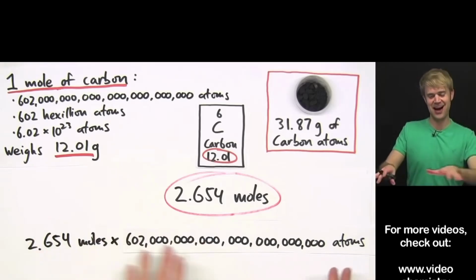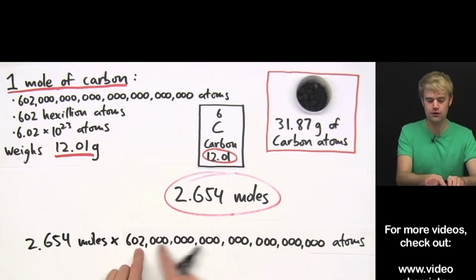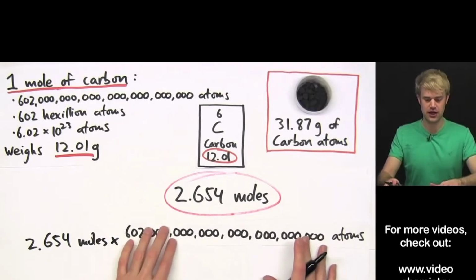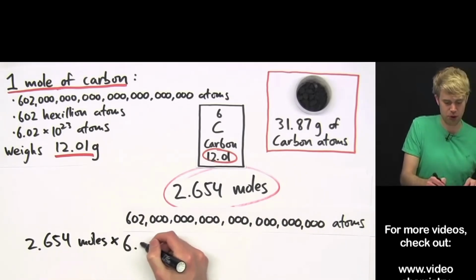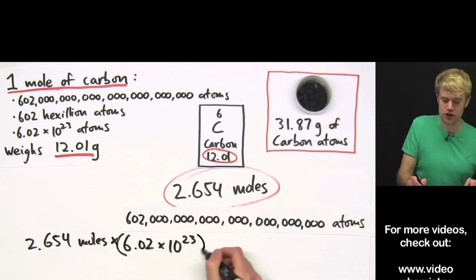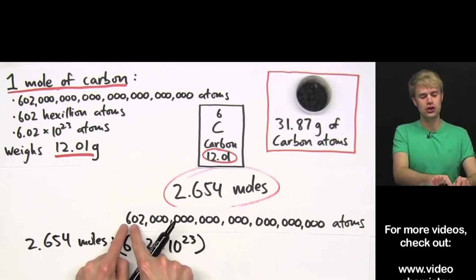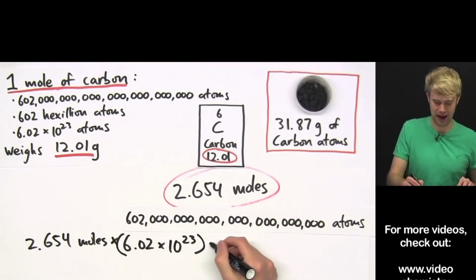Now, this is kind of a pain because I got all these zeros, so I'm going to rewrite this using the shortened version in scientific notation. Instead I'm going to multiply this by 6.02 times 10 to the 23rd, which is usually the version of 602 hexillion that we want to use when we're doing math.